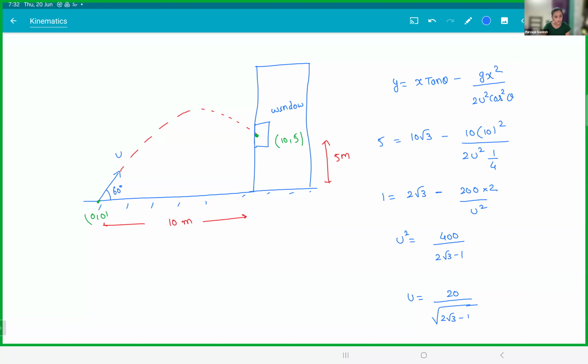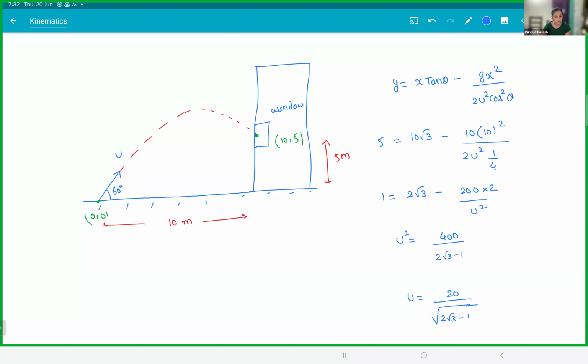So this is 160 meters. This particle goes there and lands on the ground. So minus 160 equals uy t, which is 10 root 3 t, minus half g t square. Maybe I should have given 30 degrees. That would have given a decent number, maybe.